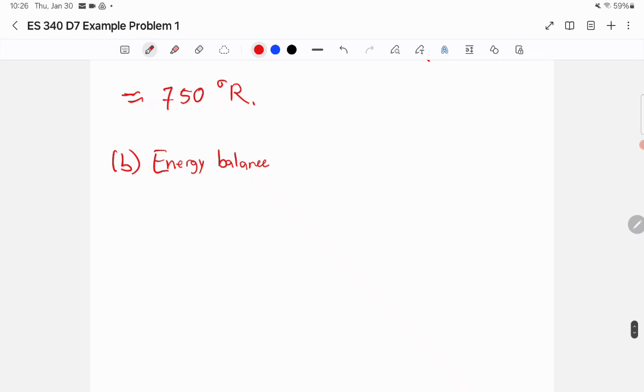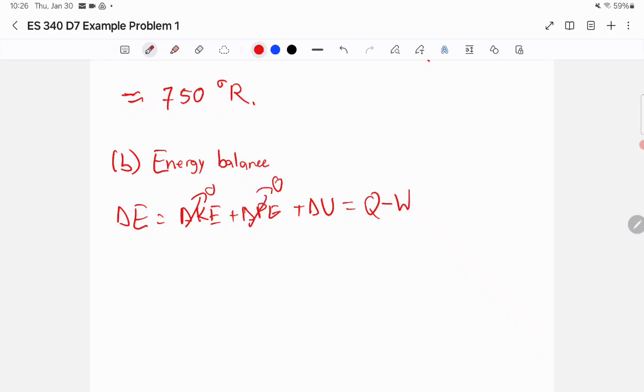So I'm going to just say that delta E is equal again to delta KE plus delta PE plus delta U, and that's got to be equal to Q minus W. Well, these go away because the problem said we can ignore those.